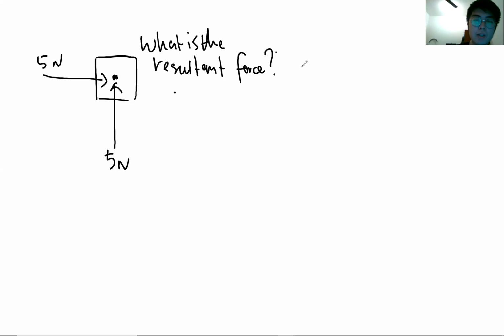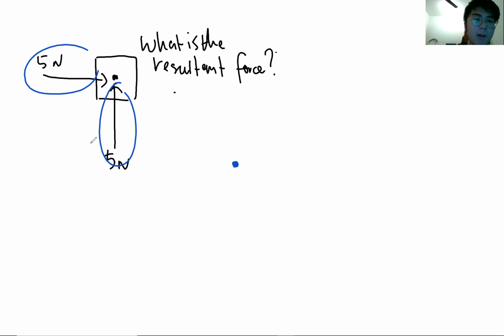So this one, I just write a point, and then I sketch the forces diagram. Okay, so you have two forces here, 5N and 5N here. So both acting at different direction. Now we use one method called the head to tail method, meaning that I take one force, it can be any force.